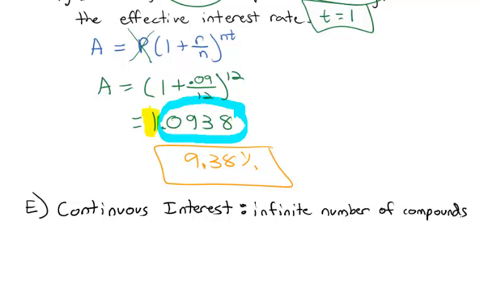The interest is just continuously being put in the account. Some places where we see this type of situation is in inflation. When we say there's a 3% inflation, we're not saying that on January 1st, all of a sudden prices went up 3% overnight. No, the inflation is gradually increasing throughout the entire year. That's continuously growing.